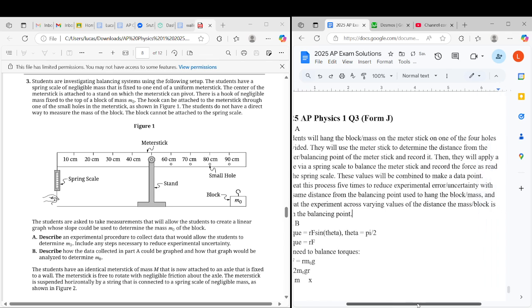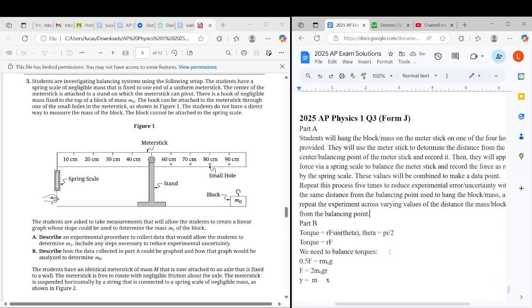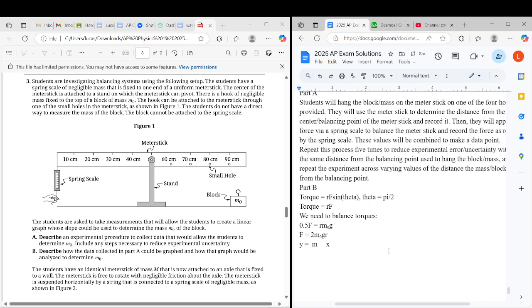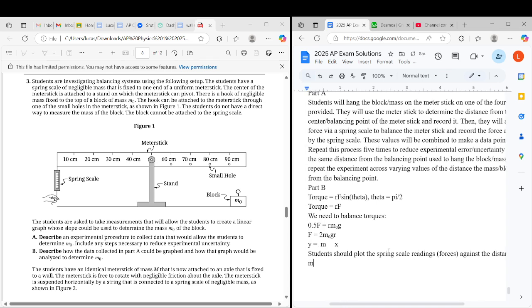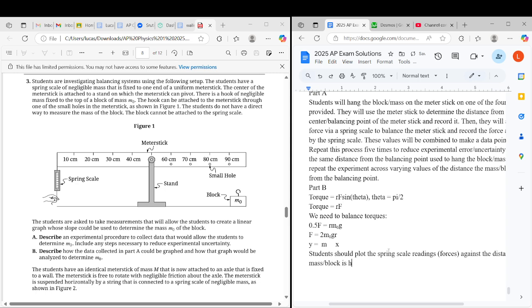So this is a standard rotational experiment that you need to set up using torques. So we derived the equation here, and now we just have to explain it. Students should plot the spring scale readings or forces against the distance from the center or balancing point at which the mass or block is hung.